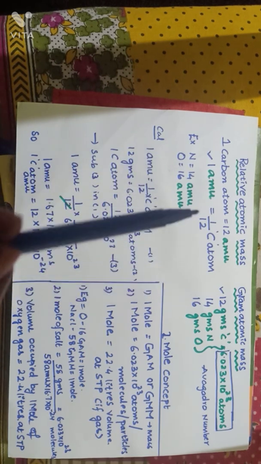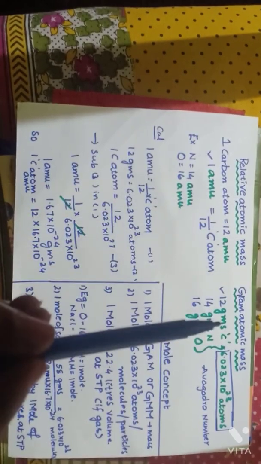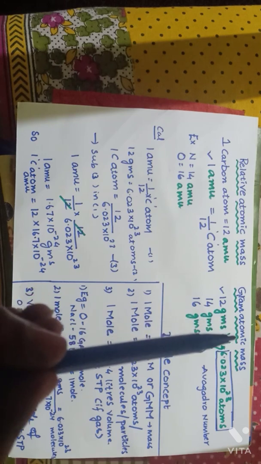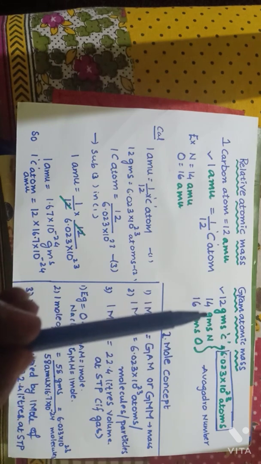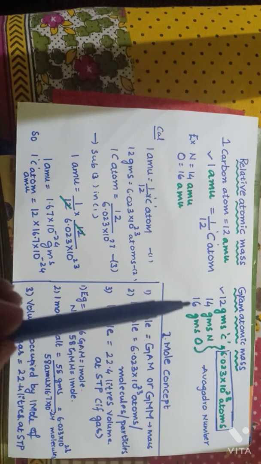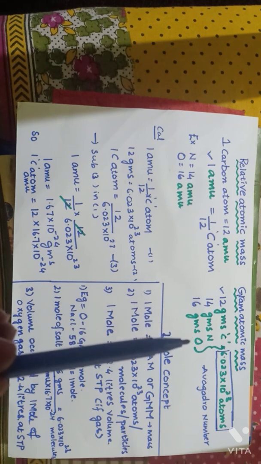As this was not possible to measure, in the lab 12 grams of carbon is called the gram atomic mass of carbon. 14 grams of nitrogen is called the gram atomic mass of nitrogen, and 16 grams of oxygen is the gram atomic mass of oxygen.